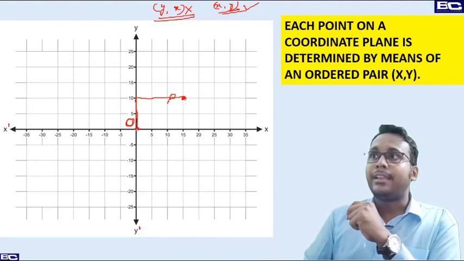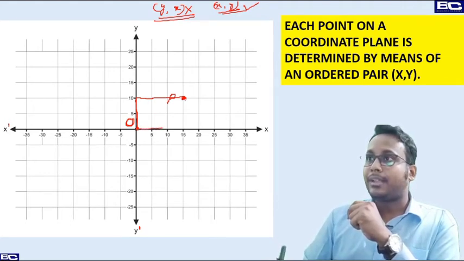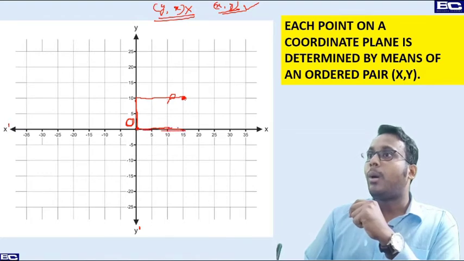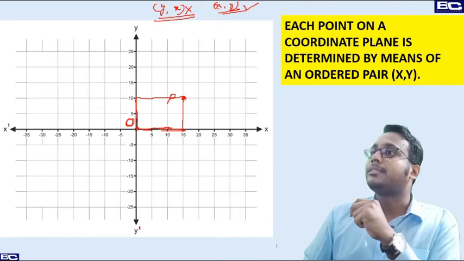Or I can first go on the x-axis up to 15 centimeters, then on the y-axis. This is the second path. This is the first path to reach here.